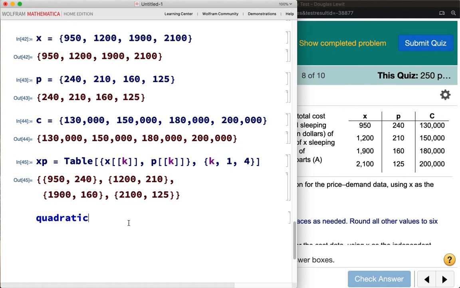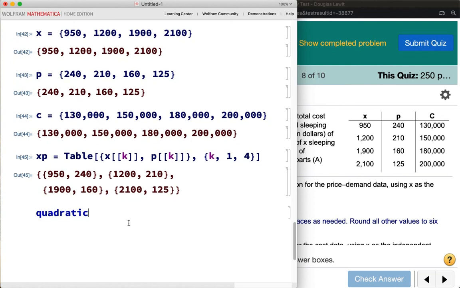I could use capital X. So quadratic is equal to linear model fit my xp data, x squared, x, 1, because that's the form of a quadratic. My variable is capital X, not small x, because I'm using small x right over here.